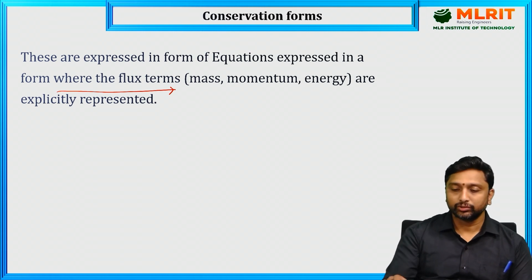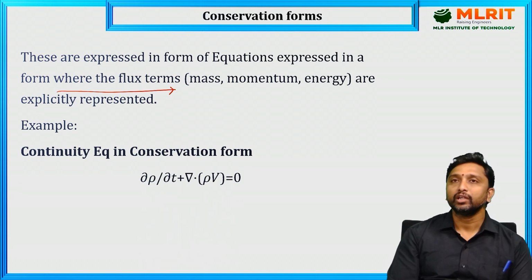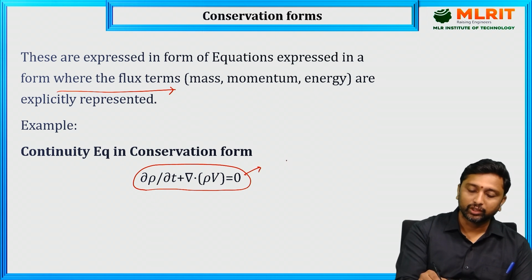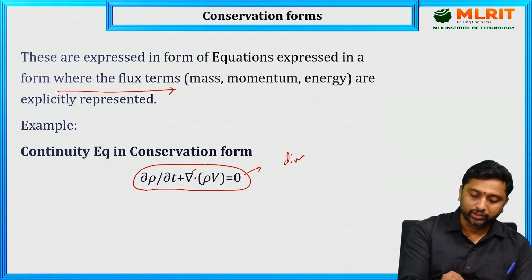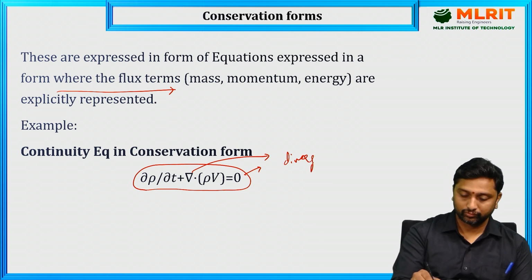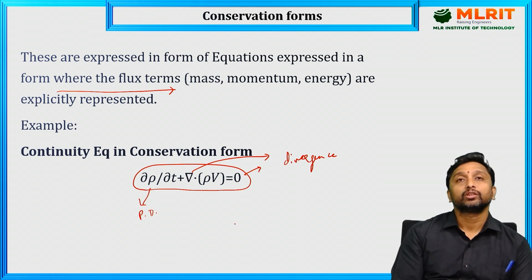Since these are directly derived explicitly using the fixed domain approach, these equations do not have any exact differentials. So these have only partial differential terms along with divergence term. You can see this is the divergence term and this is the partial differential term in time.